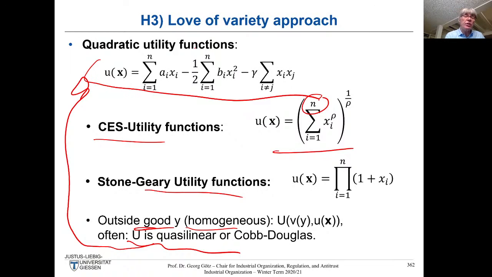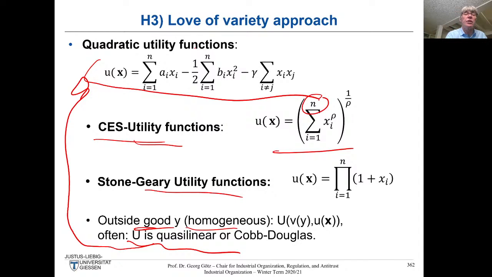The interesting difference to the ideal variety approaches is that there you have neighboring products. Here you don't have any neighboring products, even though you might be able to introduce some asymmetry among the products. But I don't want to go through the details.